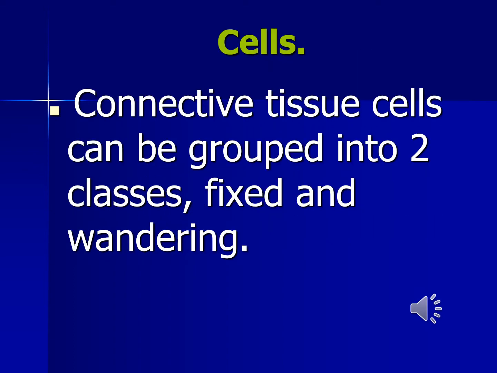The next part of connective tissue proper is cells. Connective tissue cells are subdivided into two main groups, fixed cells and wandering cells.